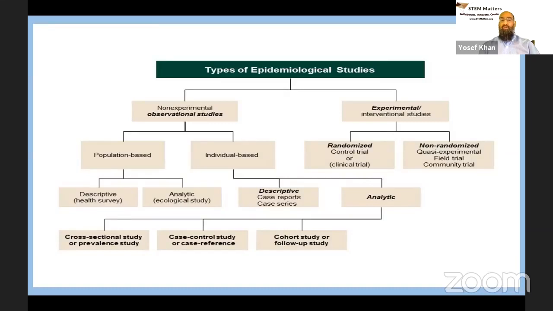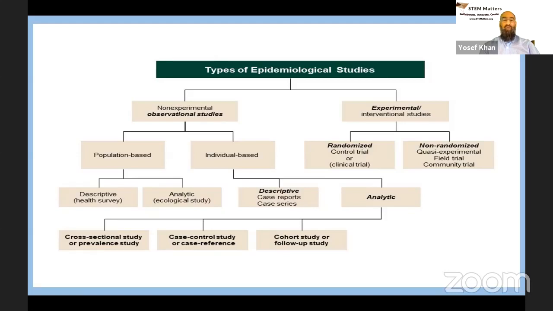When we think about the types of epidemiological studies, there are dozens and dozens of different types of studies that epidemiologists can apply. We often classify them as experimental versus non-experimental.